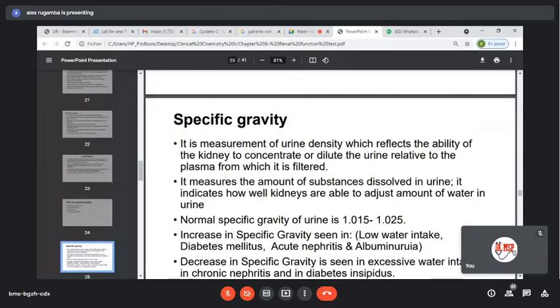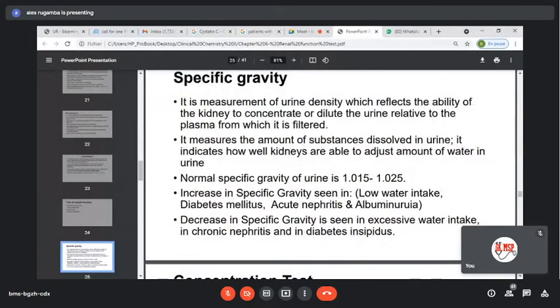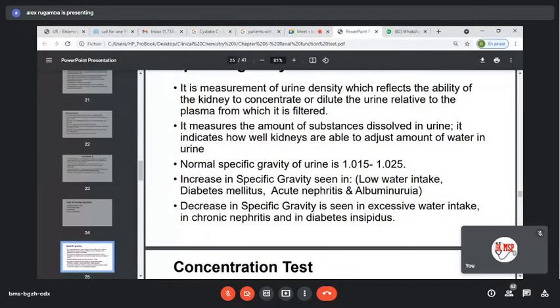A decrease of the specific gravity occurs in excessive water intake, which means there is a dilution. Or also there is chronic nephritis or diabetes insipidus, which means the water is eliminated in high quantity from the body. So in these cases, the specific gravity of urine will be elevated.